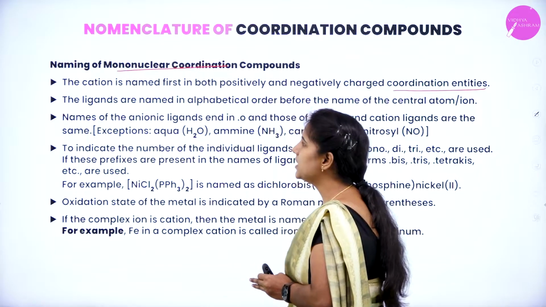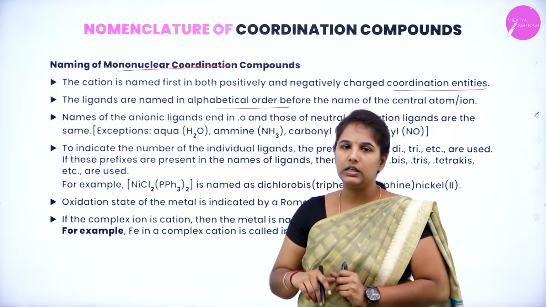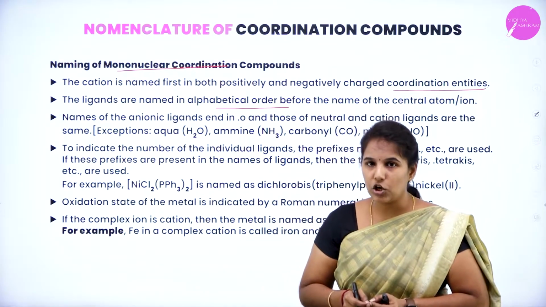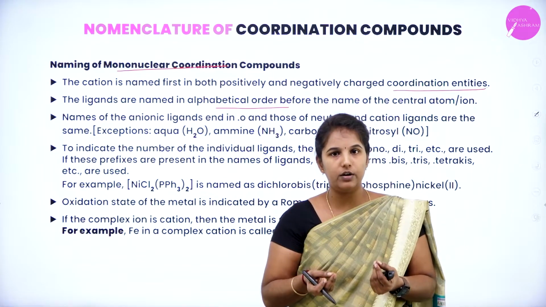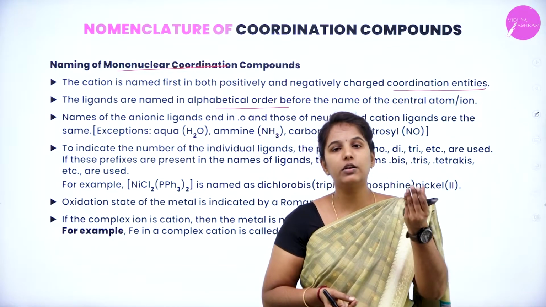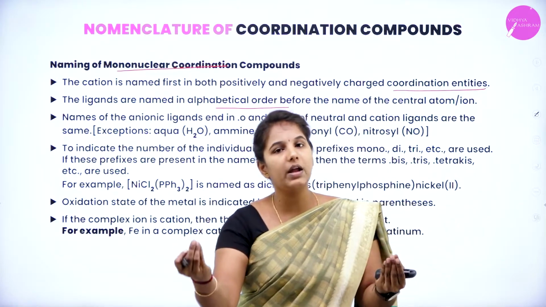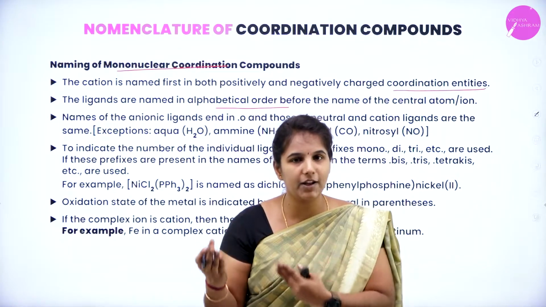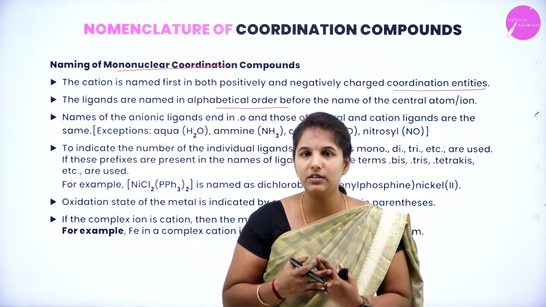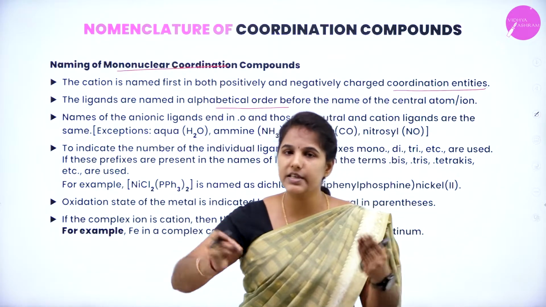The second rule says that ligands are named in alphabetical order. Suppose the coordination complex consists of both ammine and chlorido. First we name ammine as the first ligand, followed by chlorido, because in heteroleptic complexes more than one kind of ligand can coordinate to the central metal atom.